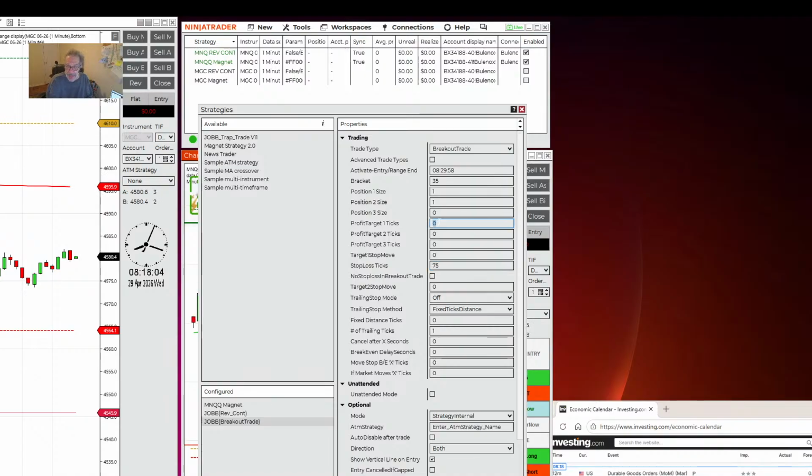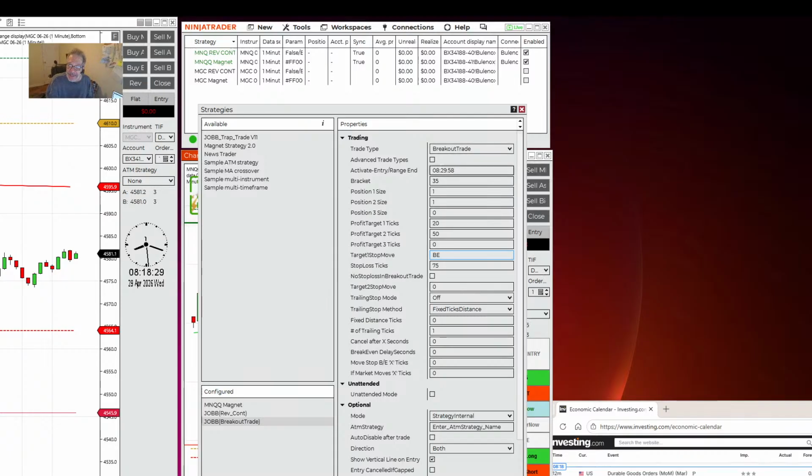So we don't think it's going to be a giant mover. So I would look maybe for 20 ticks on my first target, 50 ticks on my second target. And if my first target gets hit, we have a feature target one stop move. What I might do is move my stop automatically to break even to protect some profit.